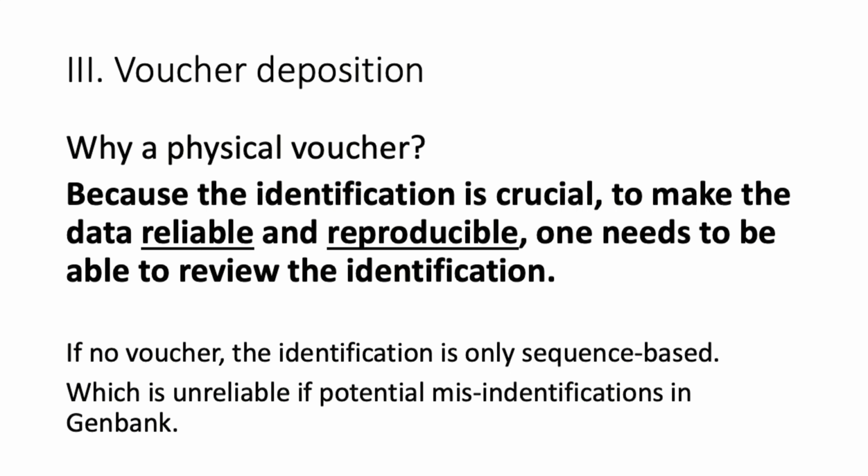And some people might argue, well, we have all this genomic data, and that's probably enough to identify the species. But you're probably relying your identification on GenBank sequences, previous GenBank sequences, and there could be many errors there as well. So keeping a voucher is probably the best step you can take.